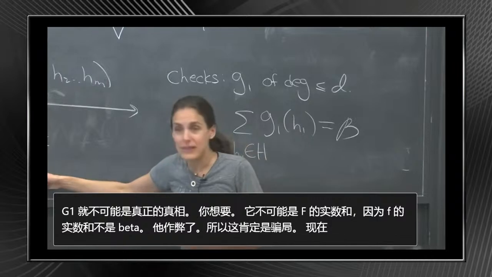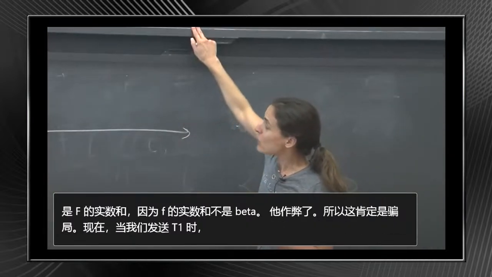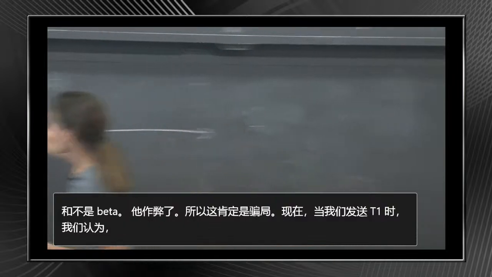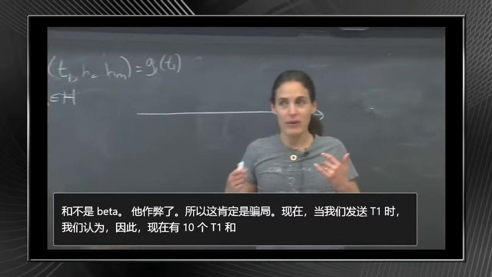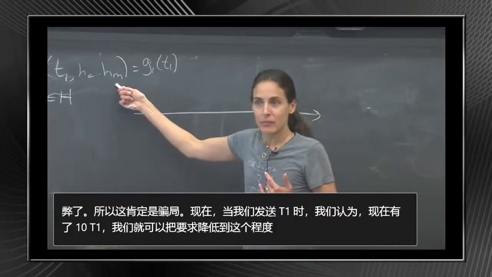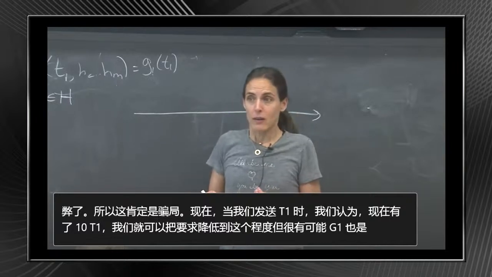Now when we send him T1, we reduce the claim to claiming this. But with very high probability, G1 of T1 is also a cheat.